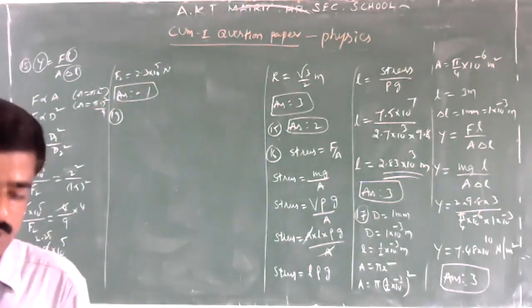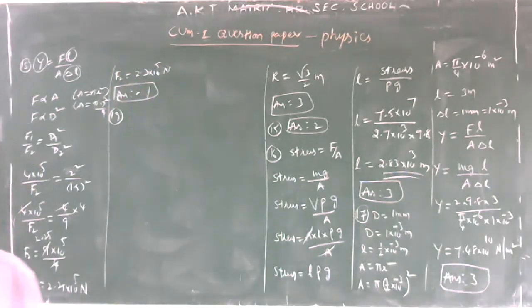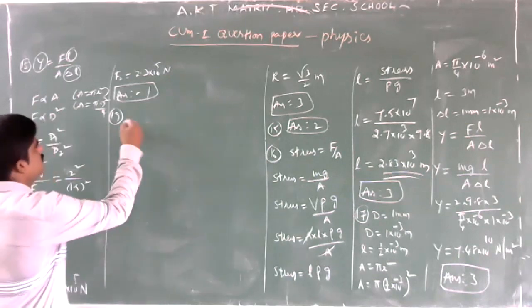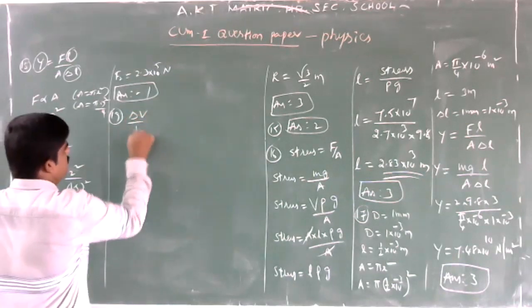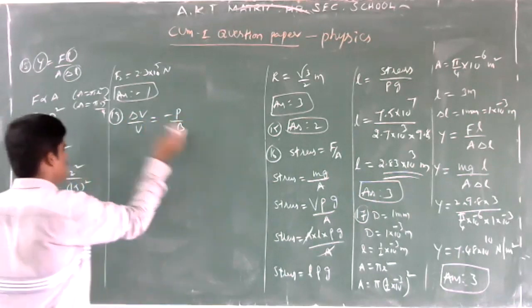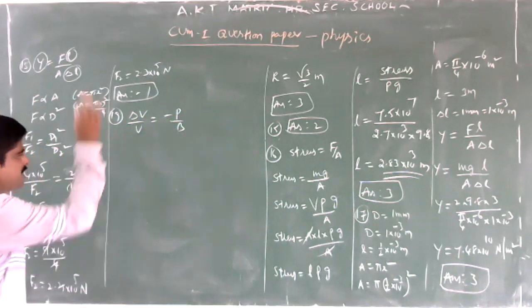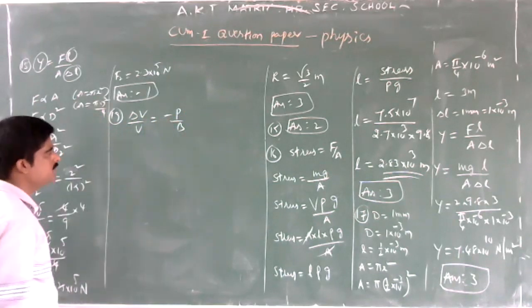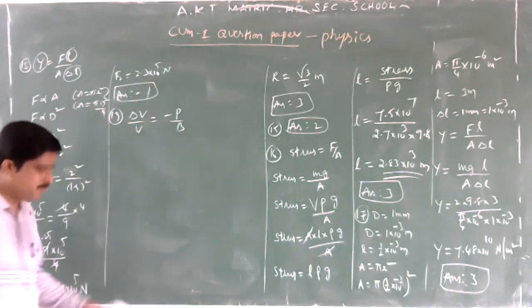A spherical ball contracts in volume by 0.01% when subject to a normal uniform pressure of 100 atmosphere. What is the bulk modulus of its material? Here change in volume delta V by V is equal to minus P divided by bulk modulus, so bulk modulus is equal to minus PV by delta V. Here delta V by V is given.